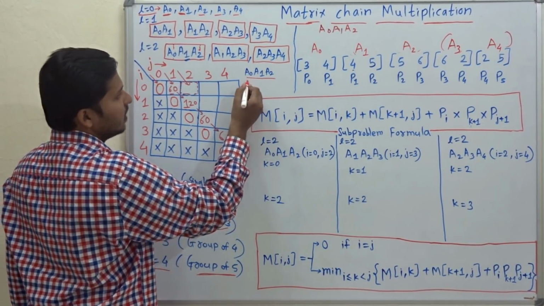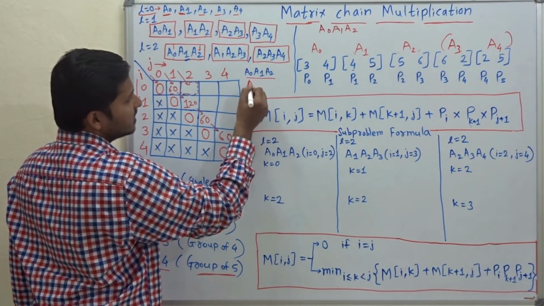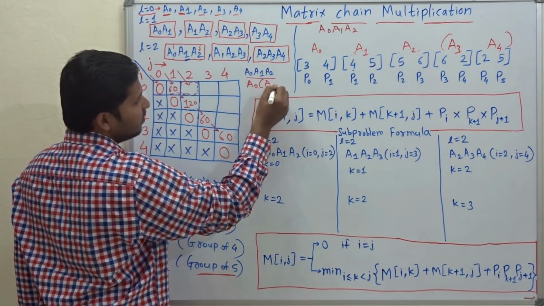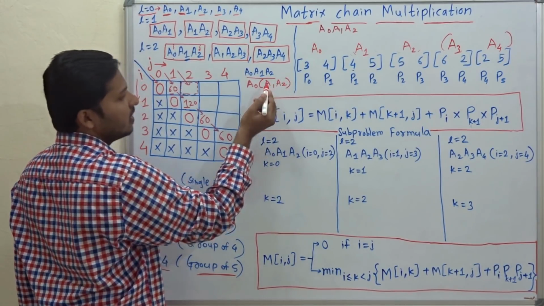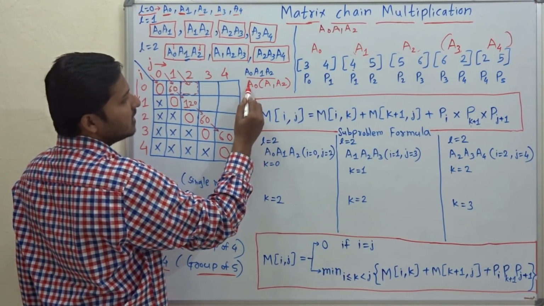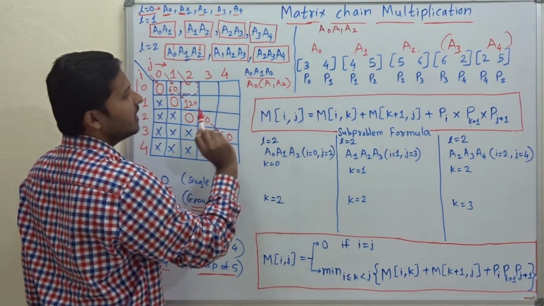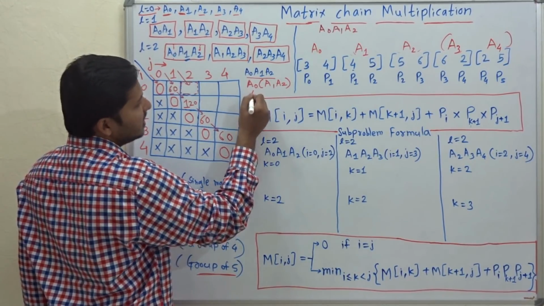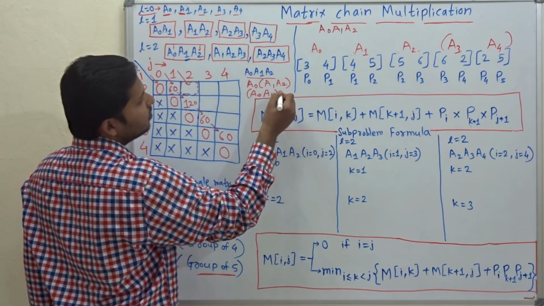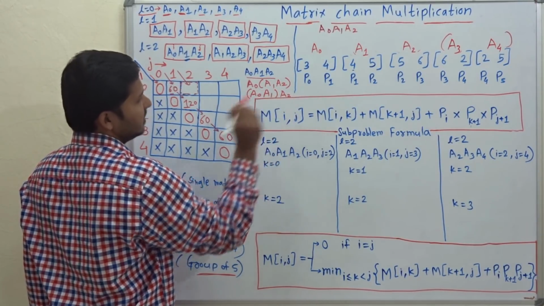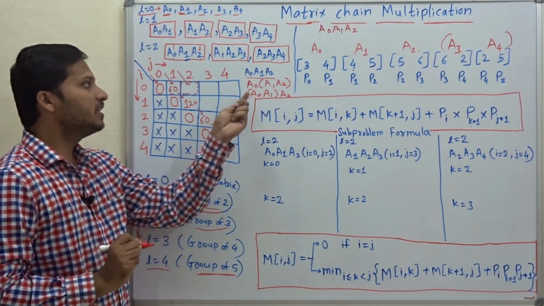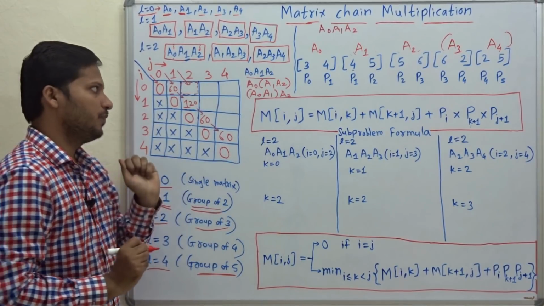The first possibility is that we keep A0 as it is and we multiply A1, A2, and then we multiply A0 to the result of A1, A2. The second possibility is that first you multiply A0, A1 and then you multiply A2 to the result. So these are the 2 ways in which we can multiply A0, A1 and A2, right?